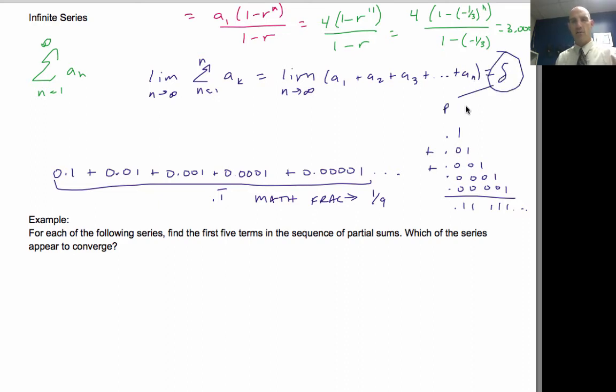This is the partial sum. Meaning you add up a certain number of them and it's enough to show you where it's going. Like that 0.1 example.